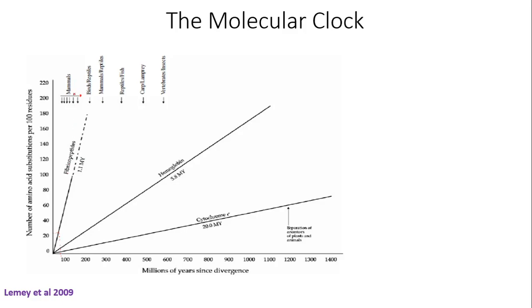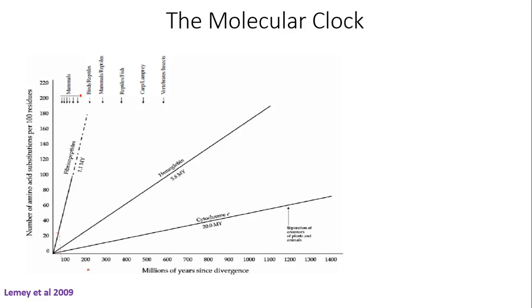The number of amino acid substitutions is around 20 because their common ancestor separated very recently in evolutionary history. We know mammals are very recent in evolutionary history compared to life that originated long ago.